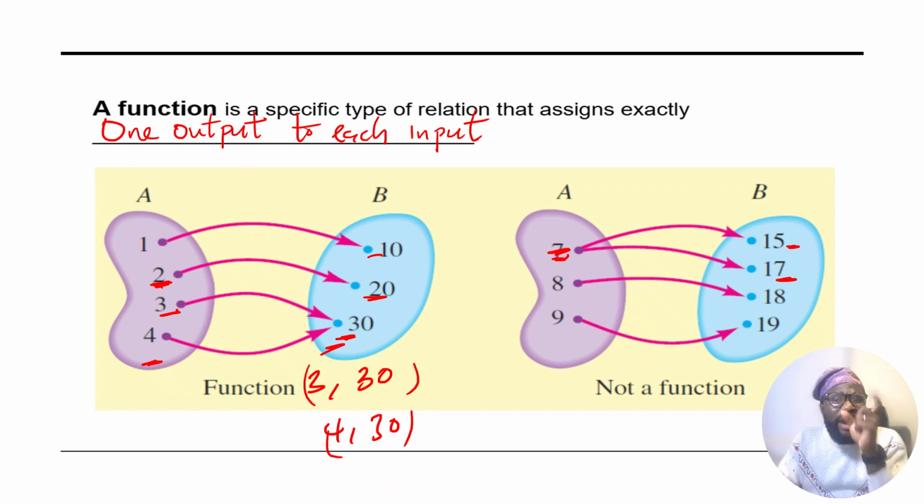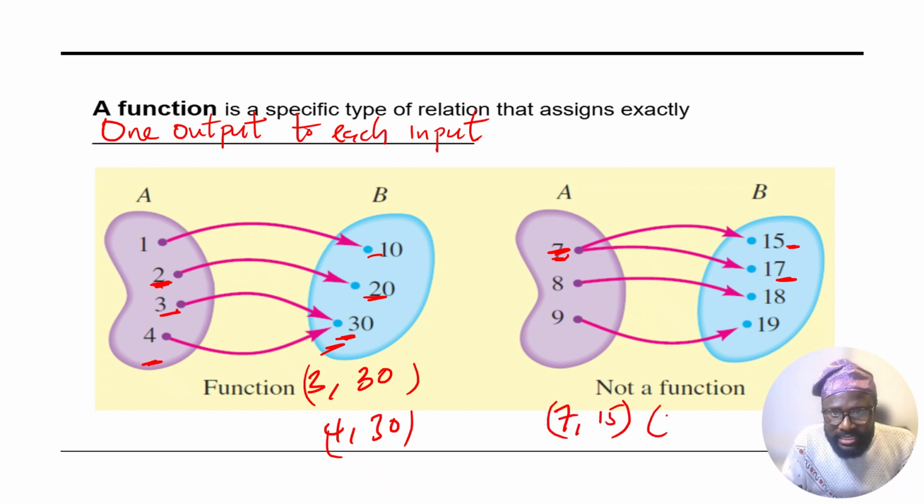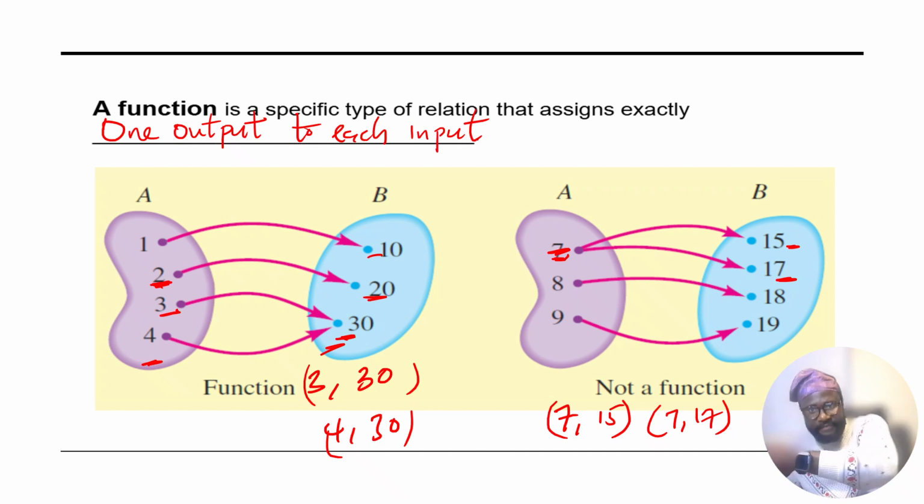But you cannot have your x value repeating itself. Look at this second diagram. What I have here is like saying 7, 15, 7, 17. This is wrong. 7 gives 15. 7 cannot give 17 again.